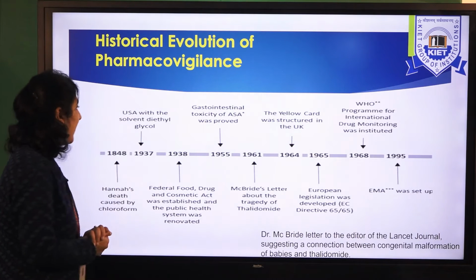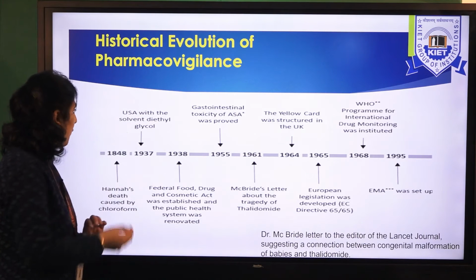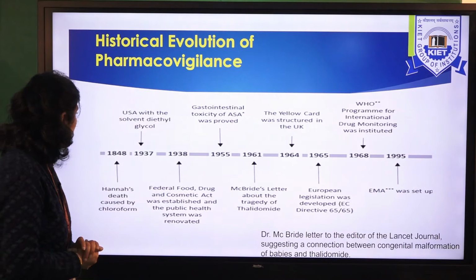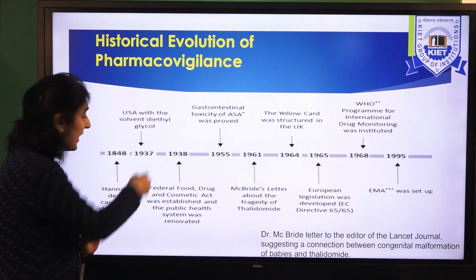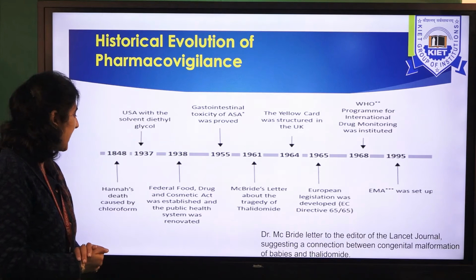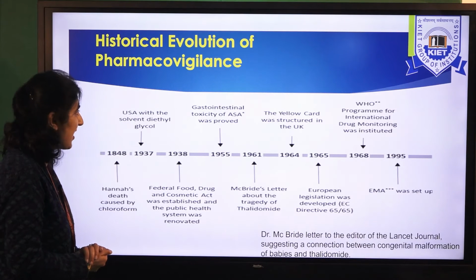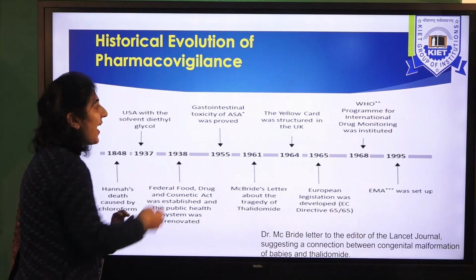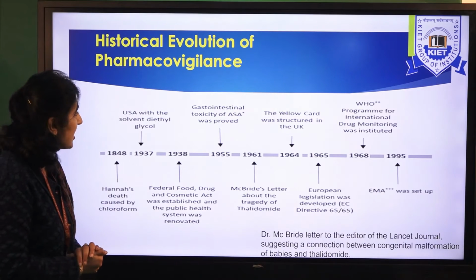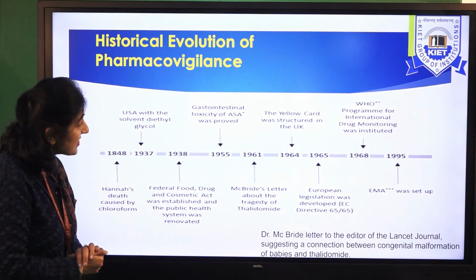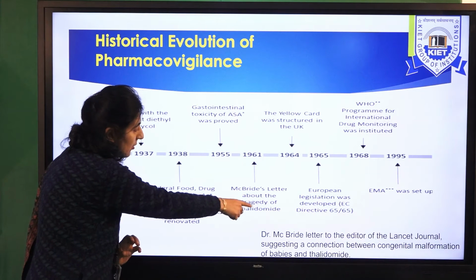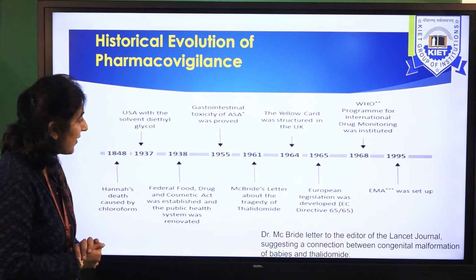In 1937, USA, with the solvent diethylene glycol, I'll be telling you about the sulphanilamide tragedy here. In 1938, the Federal Food, Drug and Cosmetic Act was established and the public health system was renovated. In 1955, the gastrointestinal toxicity of ASA, that is acetyl salicylic acid, was proved. In 1961, McBride's letter about the tragedy of thalidomide, the event was held.